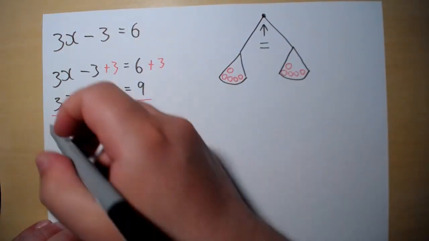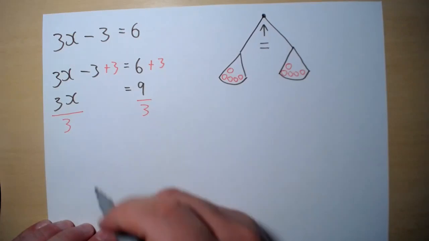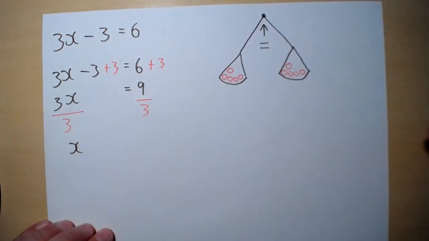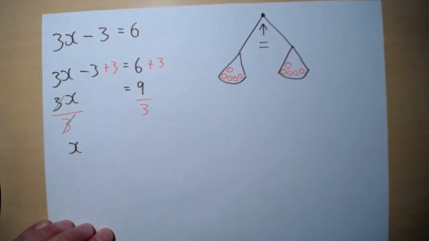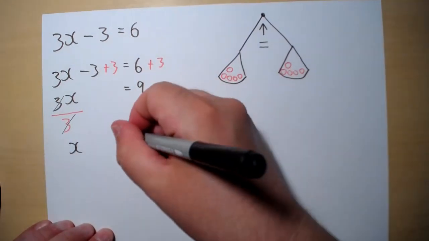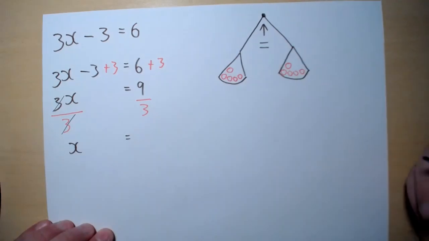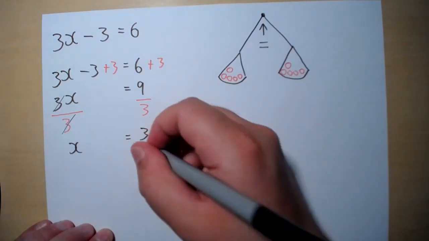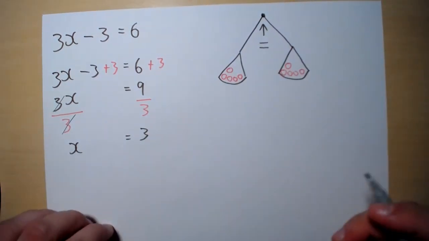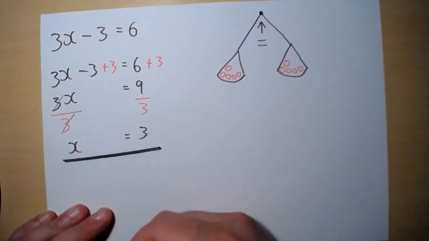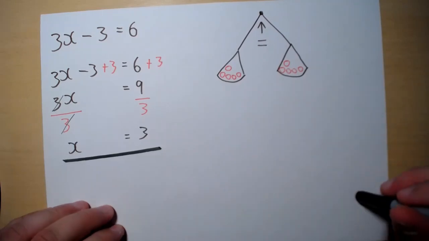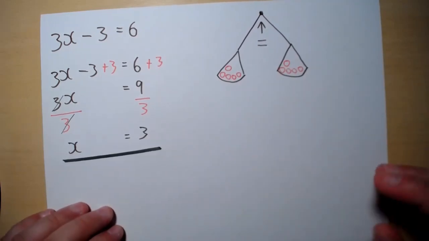So now, 3x divided by 3 will give me an x, because these 3 will cancel out, and 9 divided by 3 will give me a 3. And this is the answer for x. So now we know that x is equal to 3.